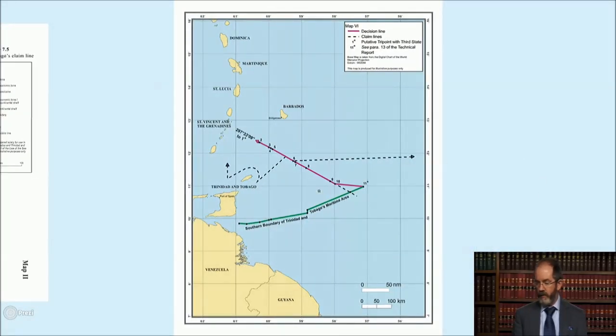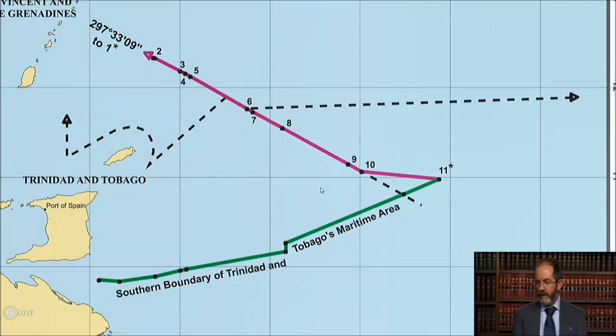The tribunal came up with a single maritime boundary line shown here in purple, and the net result of that is that Trinidad and Tobago does not get a continental shelf beyond 200 nautical miles.